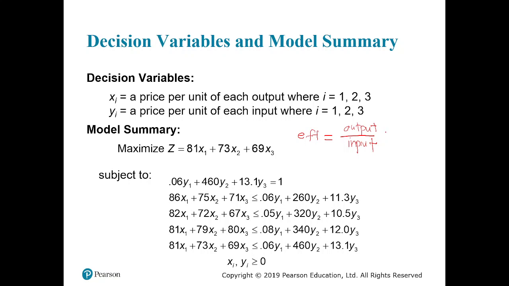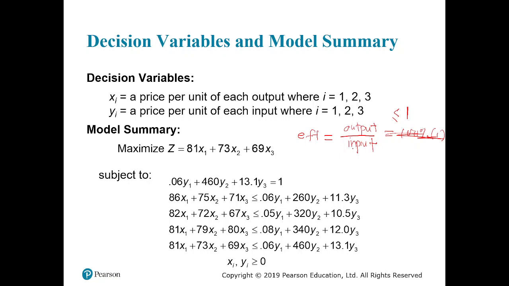If it is 100% efficient, it can go to 100%, or we just put 1. But we wouldn't expect that it will be more than 1. So that's why the ratio of output per input must be less than or equal to 1. It could be 1, but the maximum that it can go is 1.